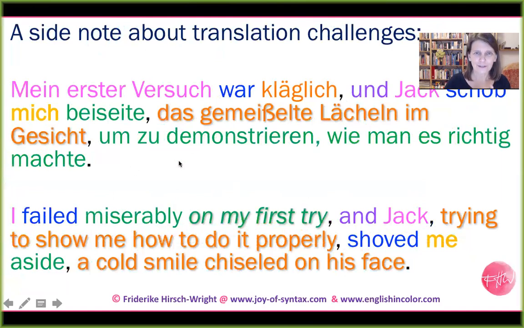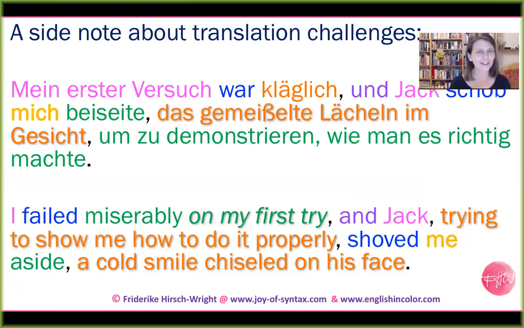So this is the original sentence with the absolute phrase, and then I actually see a few interesting things. I wouldn't say my first attempt was dismal. That doesn't sound good. I would say I failed miserably on my first try. And Jack, and now I would actually bring this information in as a predicate appositive, trying to show me how to do it properly, shoved me aside, a cold smile chiseled on his face.